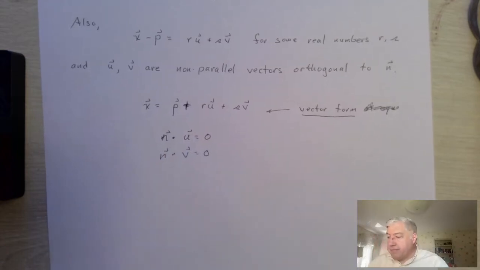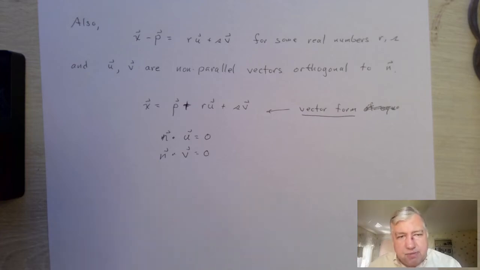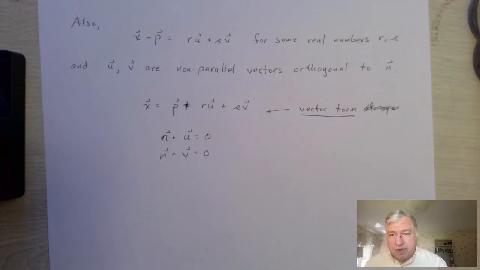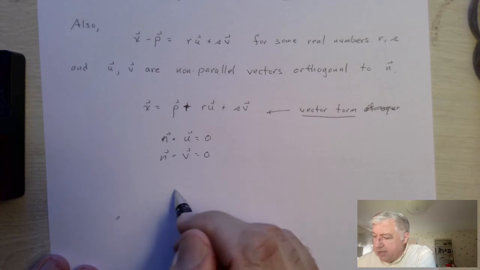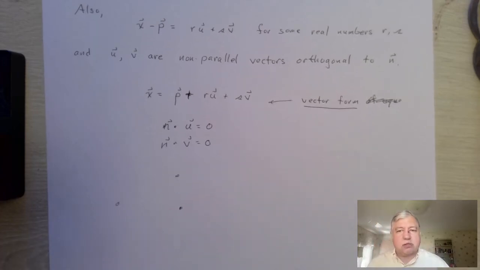And once we know the normal vector, finding the equation of the plane is easy. Now, I just want to say this leads us to a very important geometrical idea, which you've probably heard before: 3 points in space determine a plane, as long as they're not collinear.